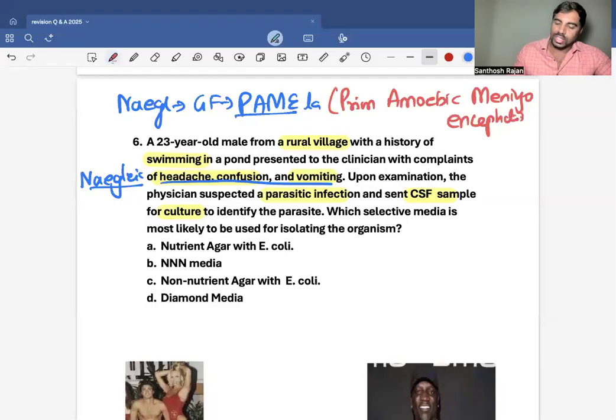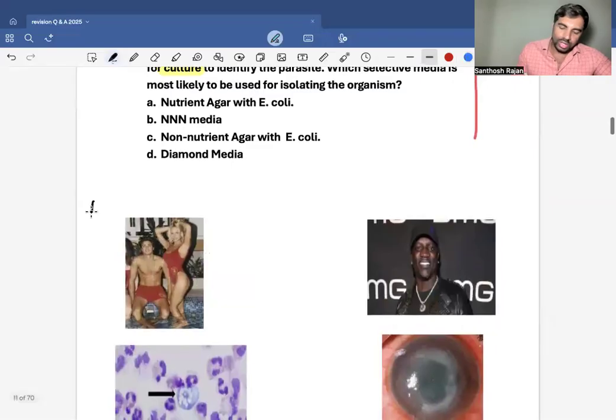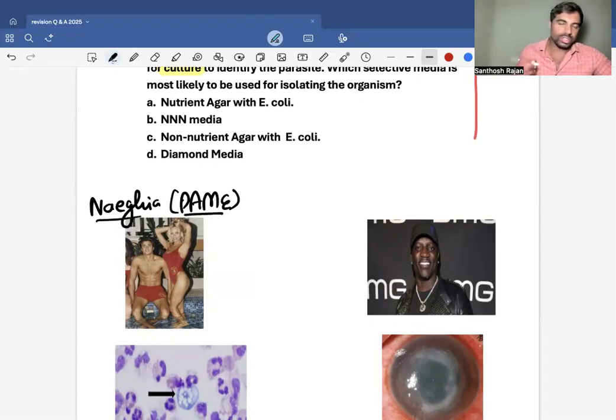This is for your Naegleria. Another one is your acanthamoeba, another free living amoeba. This is your Naegleria, this is Pammy, Pamela Anderson's girlfriend. That is primary amoebic meningoencephalitis caused by Naegleria.